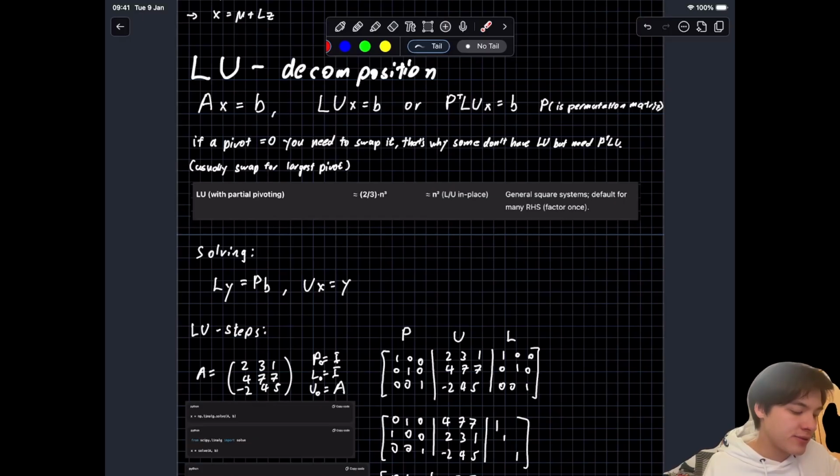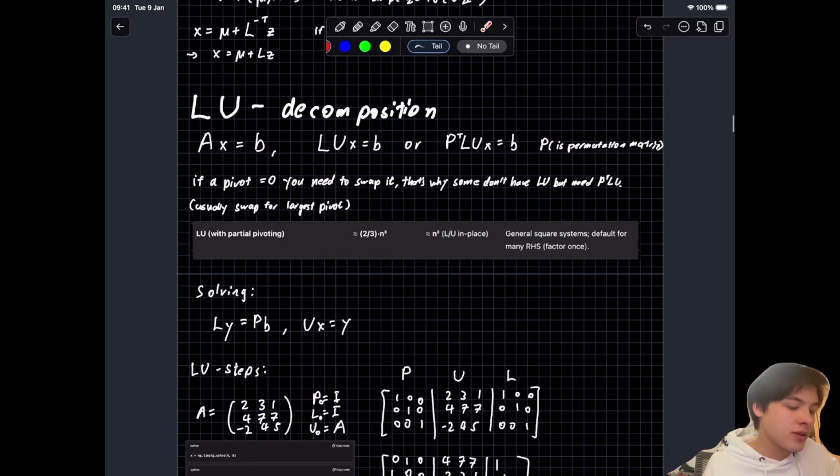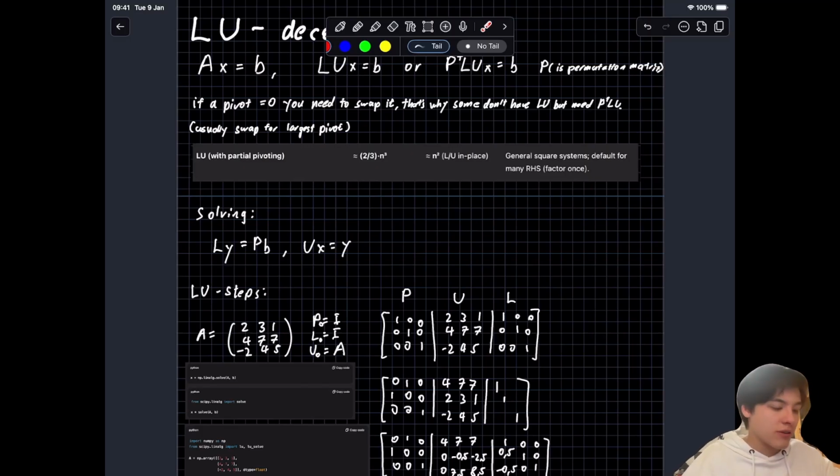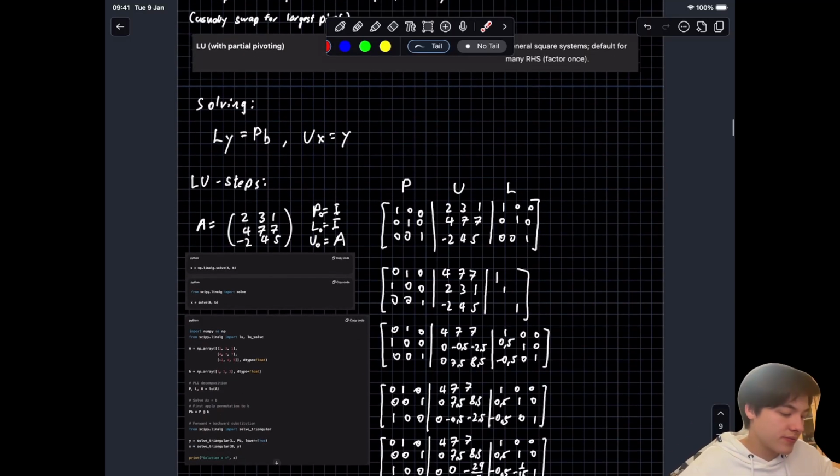We do Gauss on it, and if a pivot is 0, we need to swap it, and that's why some matrices don't have an LU, but we need PLU. Usually we swap for the largest pivot to not have numerical issues.